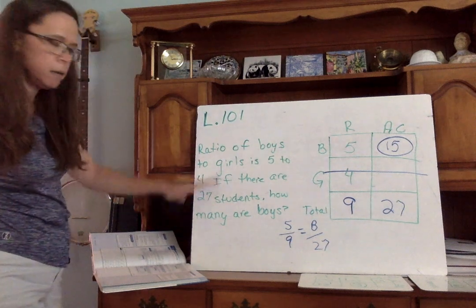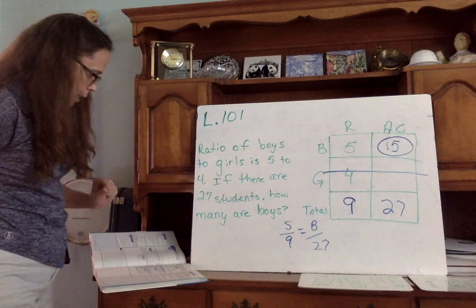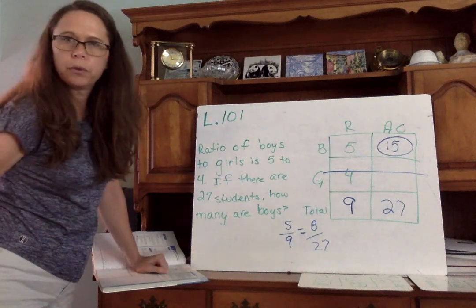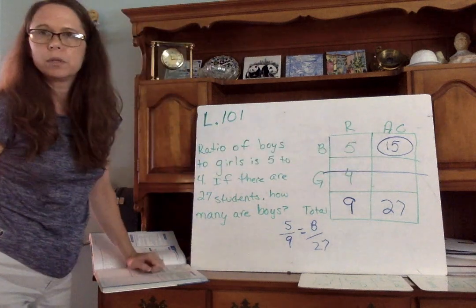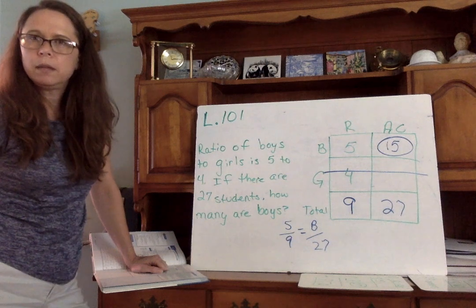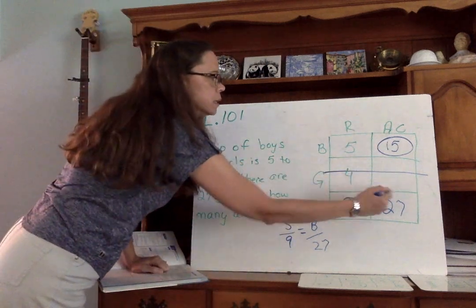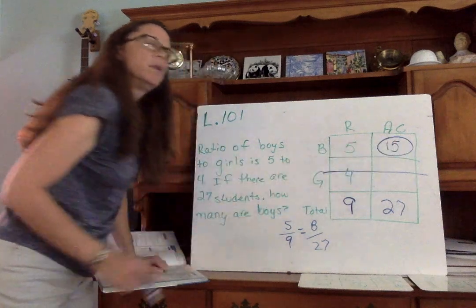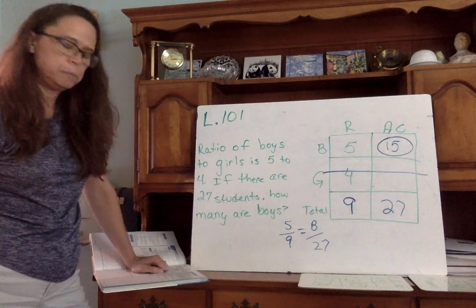They give this same scenario, but they find the number of girls instead of the number of boys. Look through that example and make sure you understand what they have done. They've done the exact same thing that we've done here, except they've circled this category and gotten rid of the row for boys.